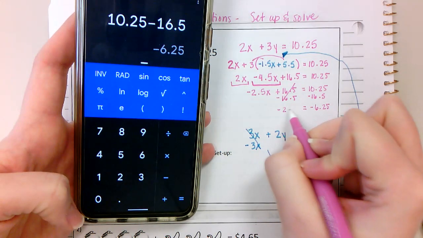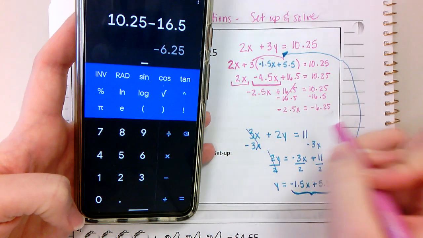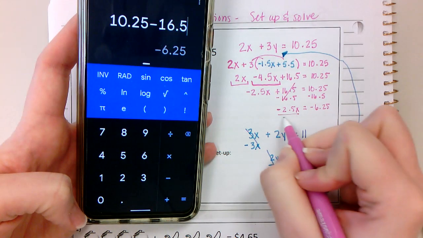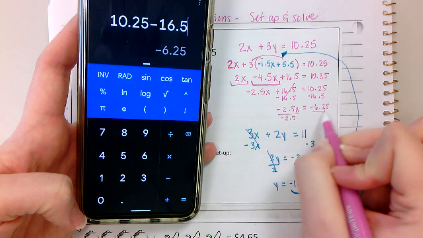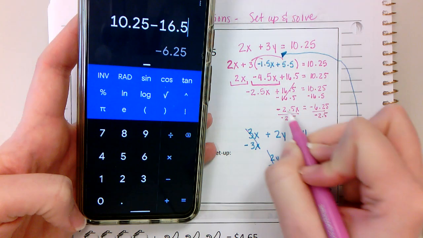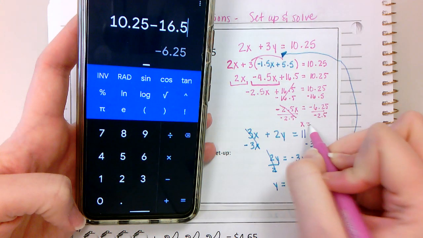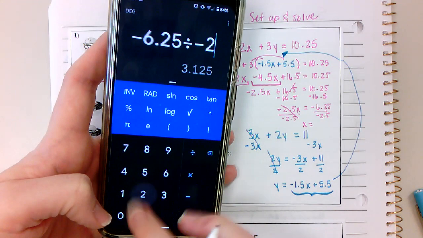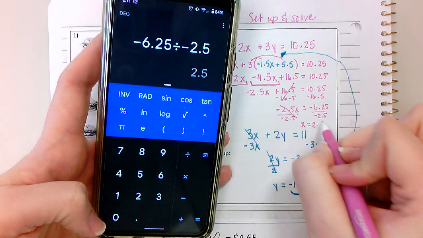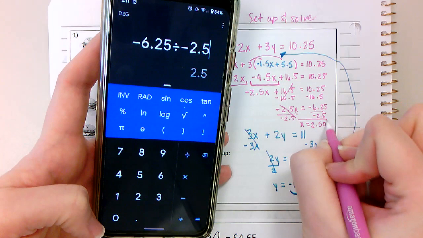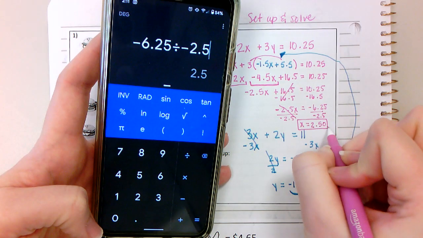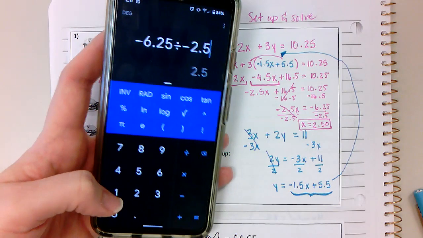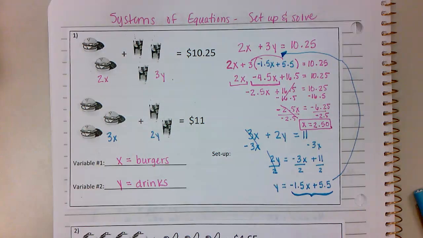Bring down the negative 2.5x. And the last thing you'd have to do is to get rid of that negative 2.5 by dividing it away. And your x will be negative 6.25 divided by negative 2.5, $2.50. Now your phone isn't going to put that 0 at the end because it doesn't need it, but if we're talking in money, we do want to represent it that way.